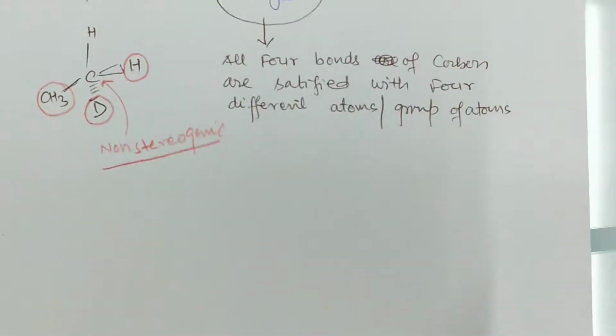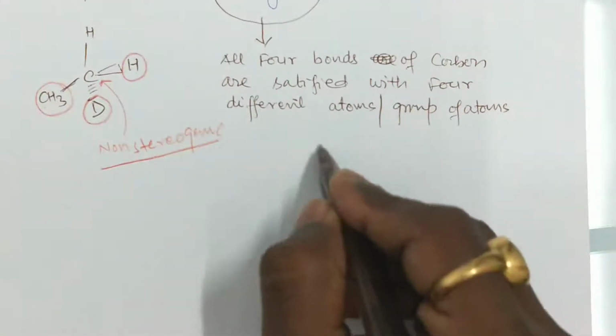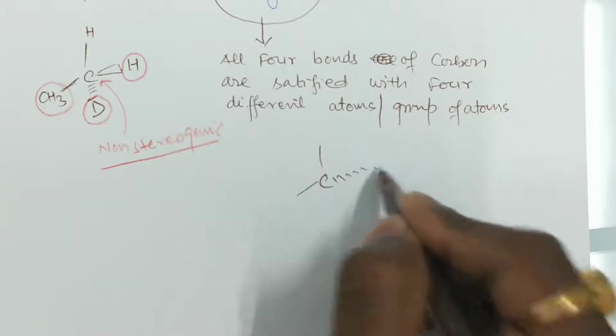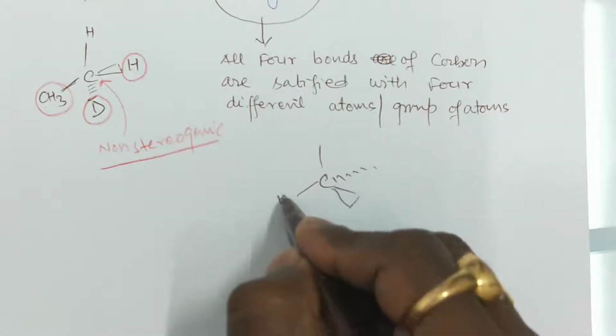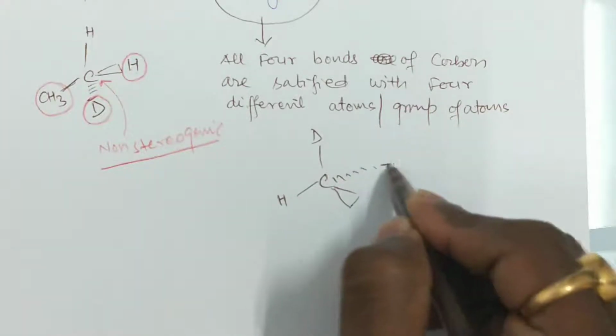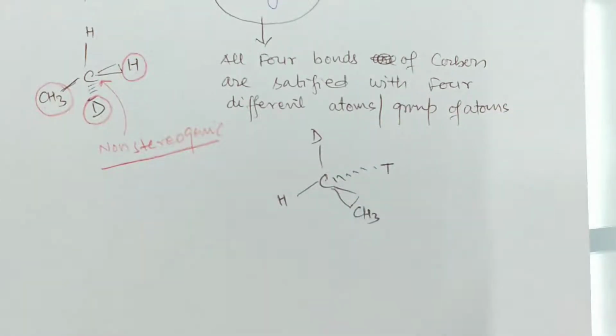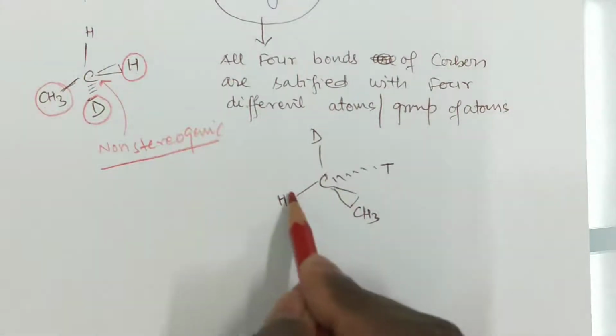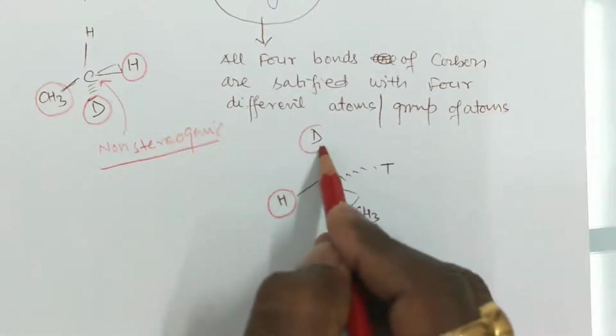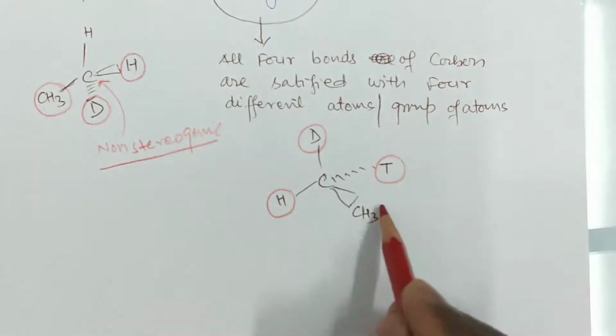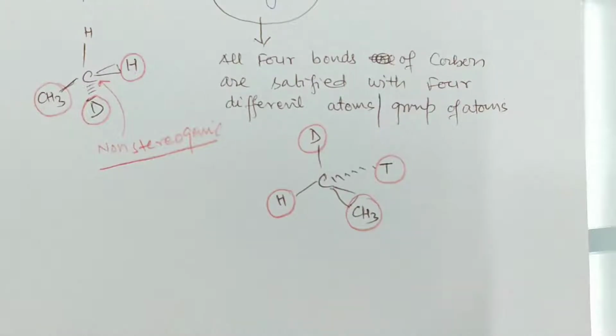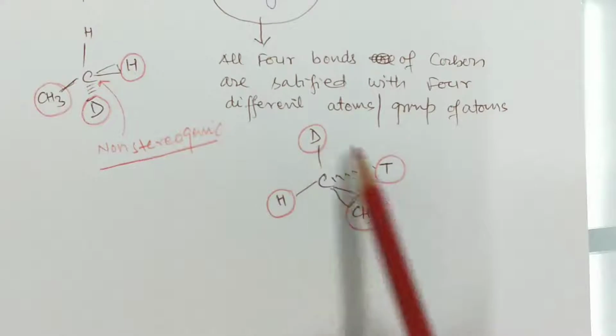Suppose that we have another example, C with H, D, T and CH3. This is hydrogen, this is deuterium, this is tritium, and this is methyl. See, in case of stereogenic carbon, it hardly matters whether they are isotopes or not.